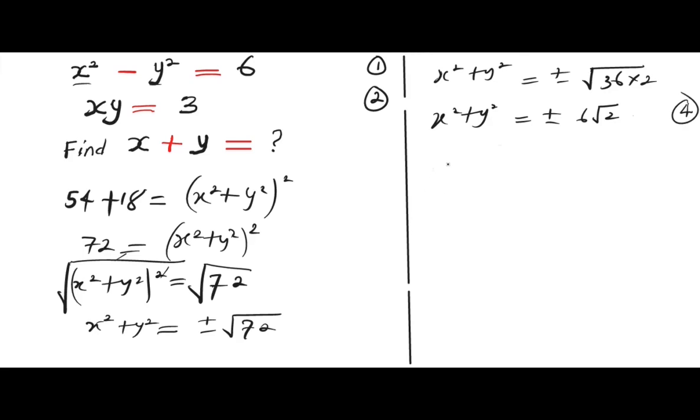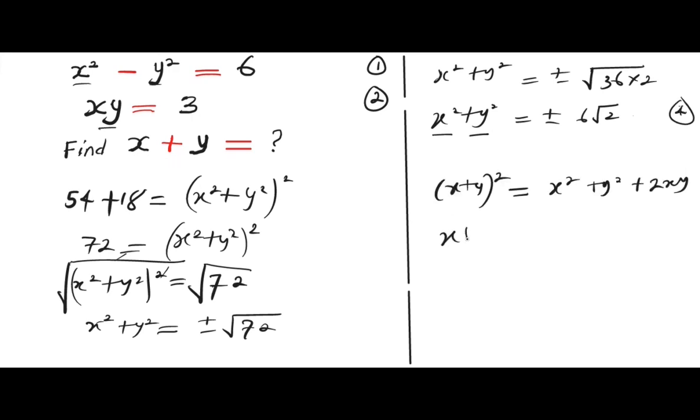Now that we have gotten equation 4, if you notice, we have gotten the value of x squared plus y squared to be this, and we have gotten the value of xy. For us to find this, we need to find the value of x plus y all squared. Okay, so we will need this in order to find this. Now let's go ahead and expand this. All right, x plus y all squared equals x squared plus y squared plus 2xy. Okay, let's solve this further.